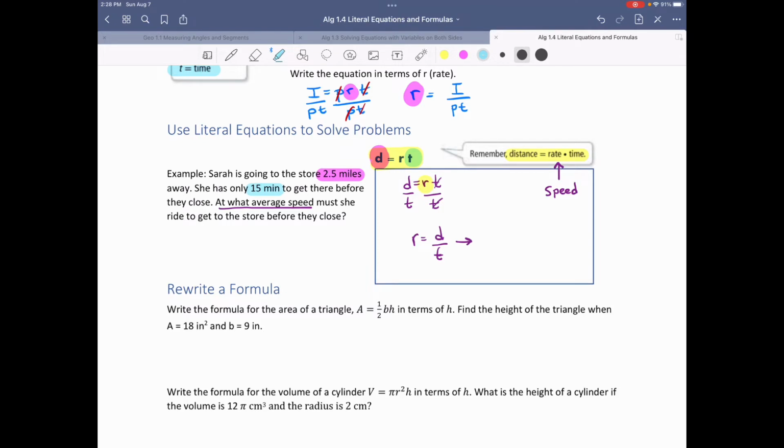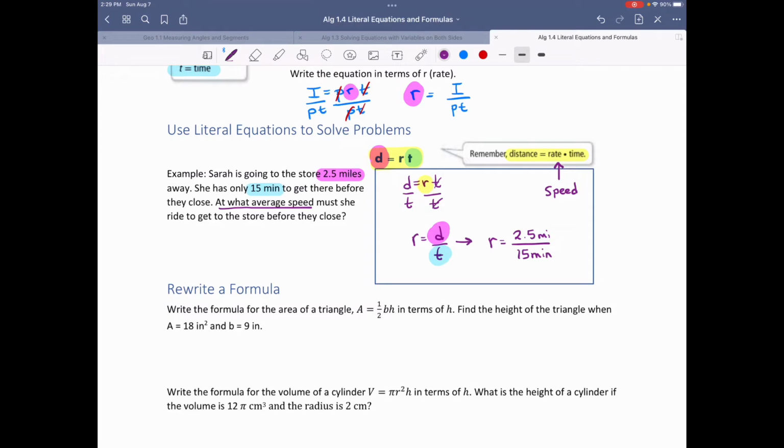So we're gonna plug the time here, and we're gonna plug the speed here. So the rate, or the speed, is going to equal 2.5 miles, that's the distance, divided by 15 minutes.